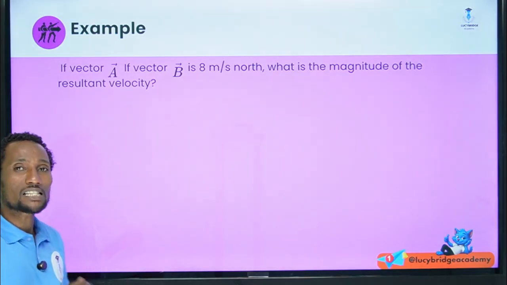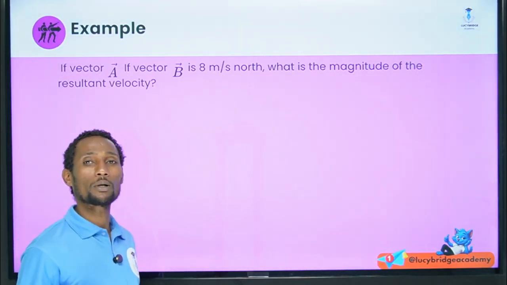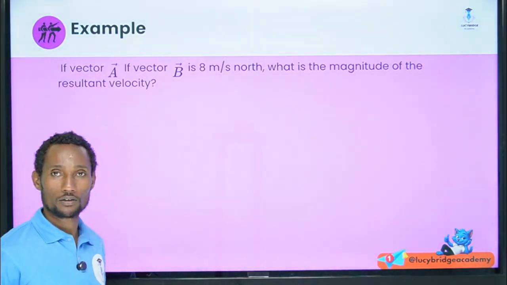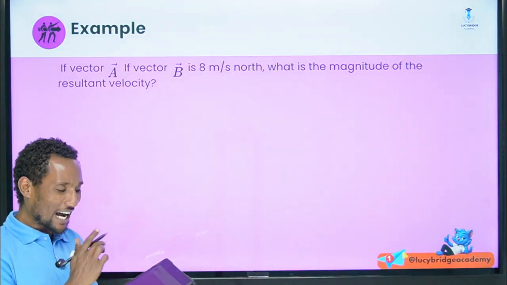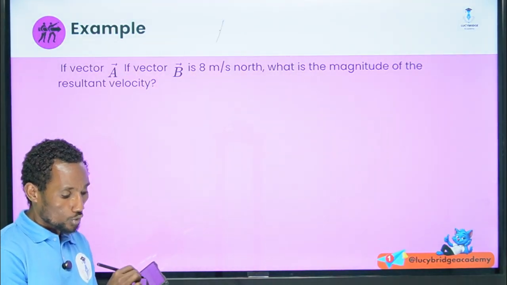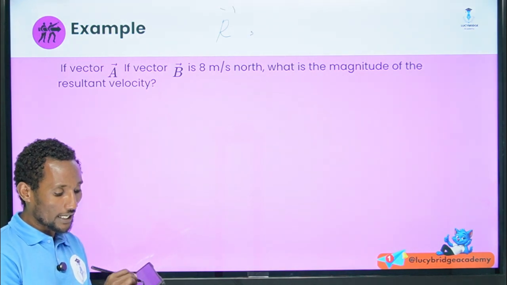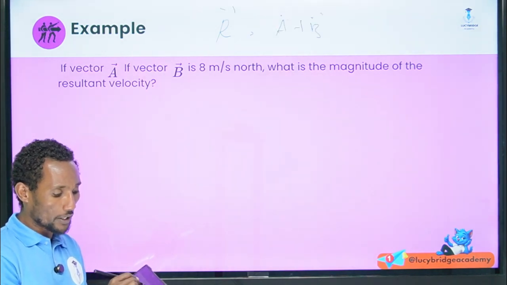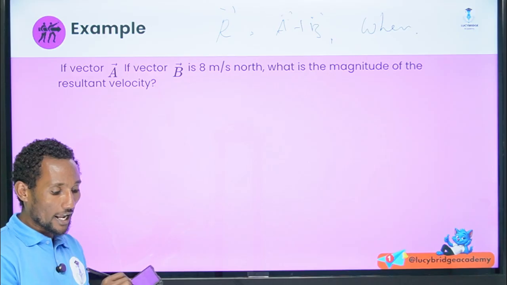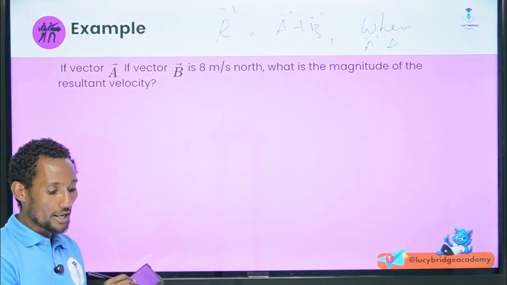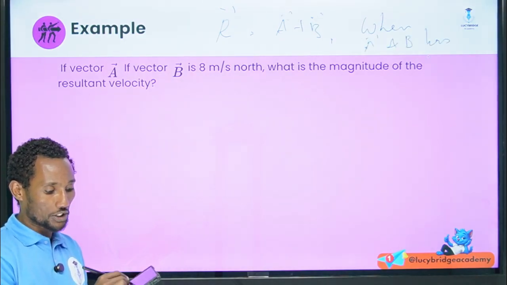So let's see a simple example. To add two vectors and get a resultant vector A plus B, when A and B have the same direction.